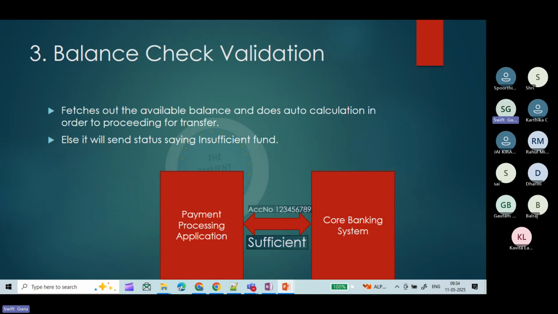So it will fetch those balances from the core banking system to check whether the balance is enough to cover this payment instruction. If it is enough, then they will provide all these details. If it is not, then the payment processing engine will send out a meaningful response message to the customer saying you do not have sufficient funds to cover this transaction.